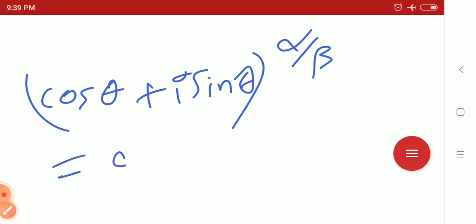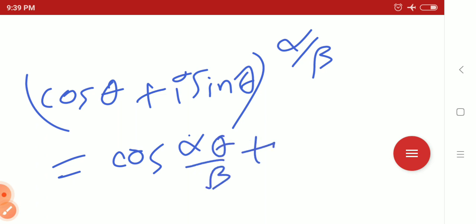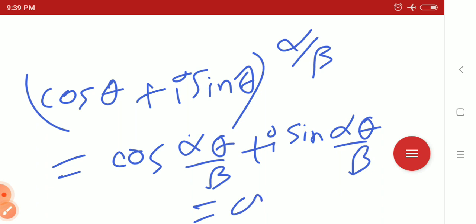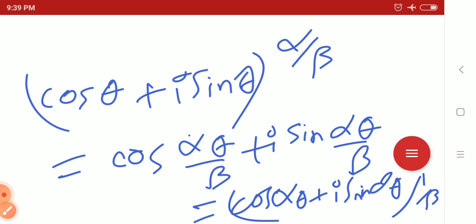So De Moivre's theorem can be written as cos of alpha theta by beta plus iota sin alpha theta by beta. Or in a similar way we can write (cos alpha theta plus iota sin alpha theta) whole to the power 1 by beta. So this is De Moivre's theorem.